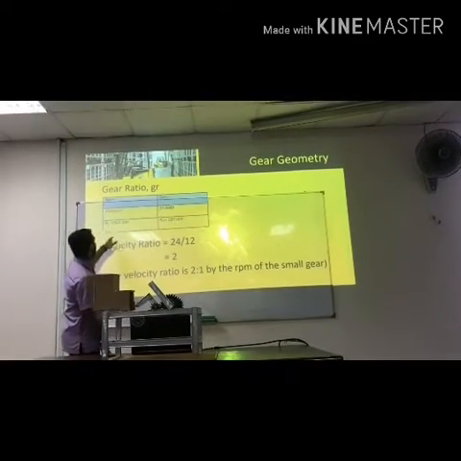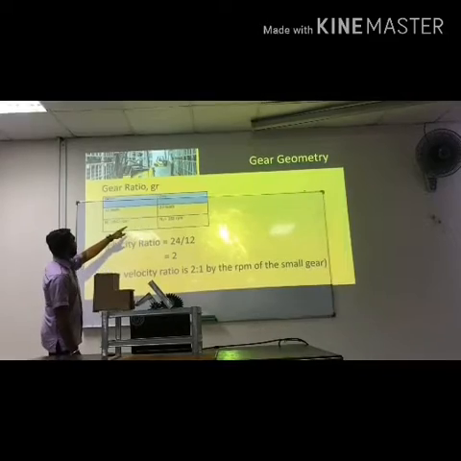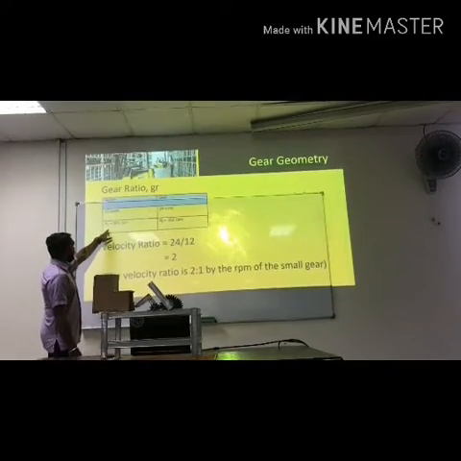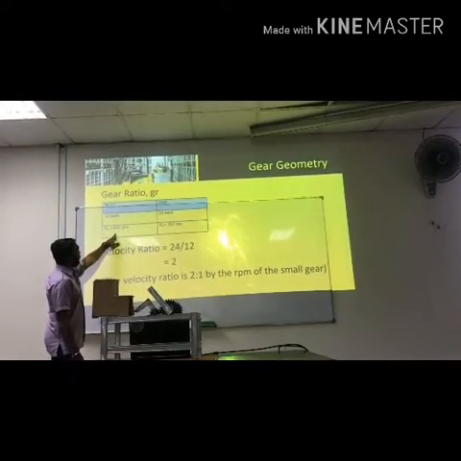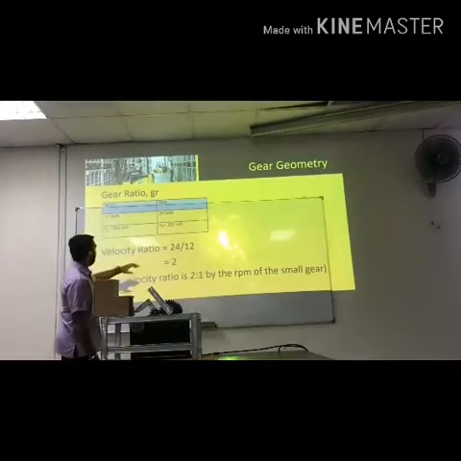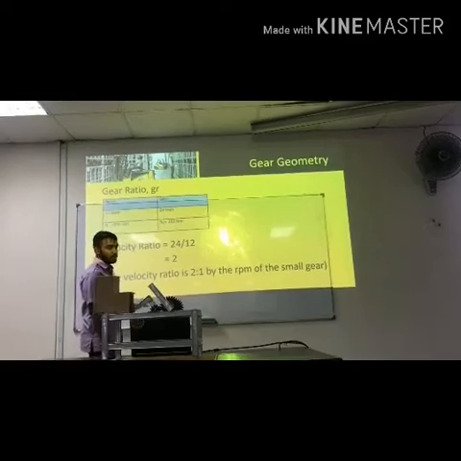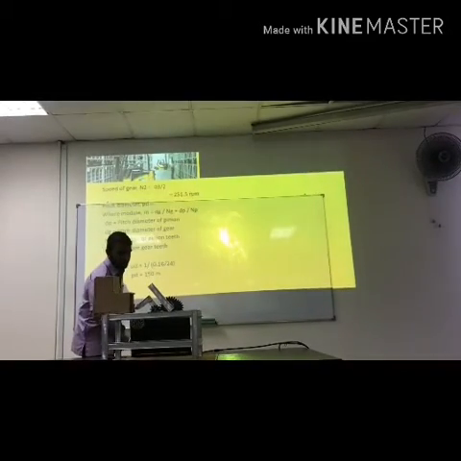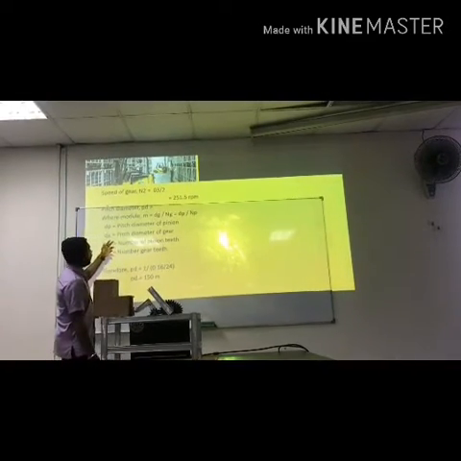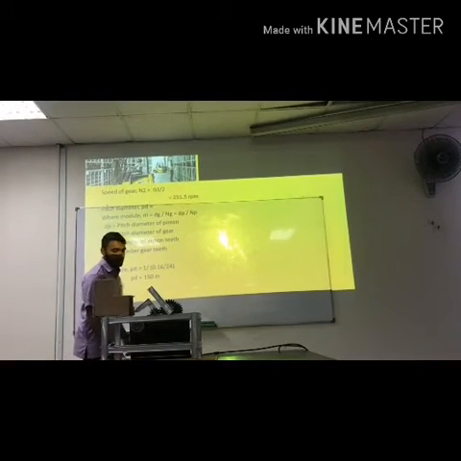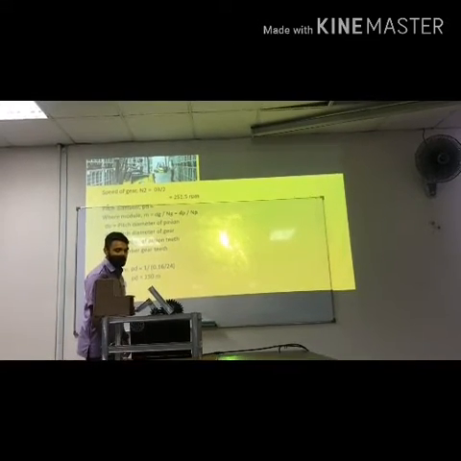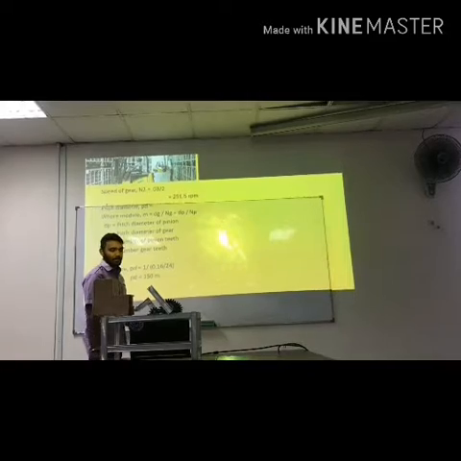And the gear ratio, where we have 12 teeth to 24 teeth, and the first is 503 RPM and the second one is 252 RPM. So the velocity ratio is 24 divided by 12, which is 2. So its ratio is 2 to 1. And the speed of gear: 0.03 divided by 2 is equal to 251.5 RPM.